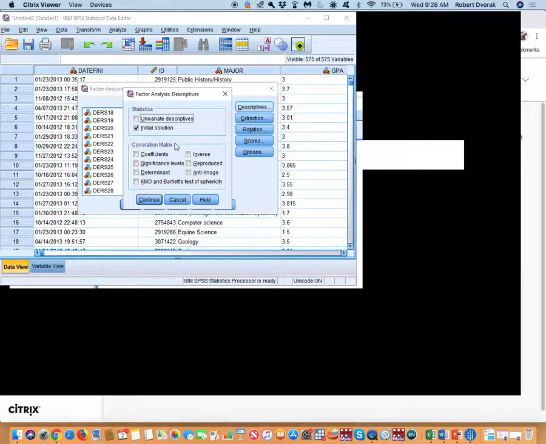Correlation matrix. The correlation matrix is important because the factor analysis is actually done on the correlation matrix, right? And it's trying to identify items that seem to be correlated together because some underlying factor is driving responses on those items.